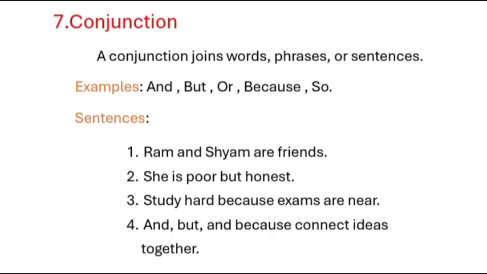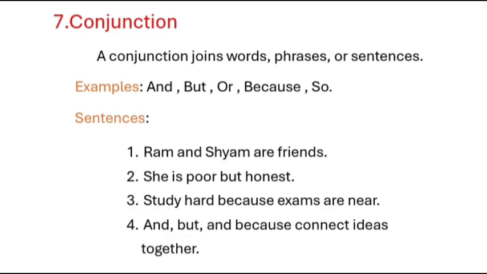Next one is conjunction. A conjunction joins words, phrases, or sentences. A conjunction is a word that joins words, phrases, or sentences together. Conjunctions help us connect ideas and make our sentences smoother and more meaningful.